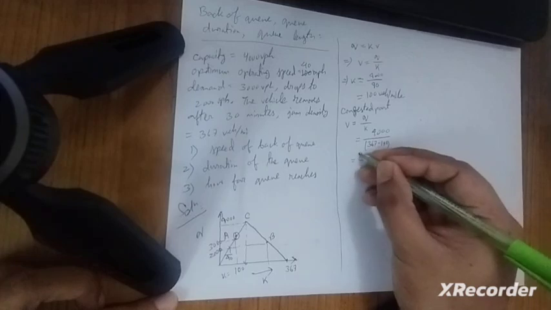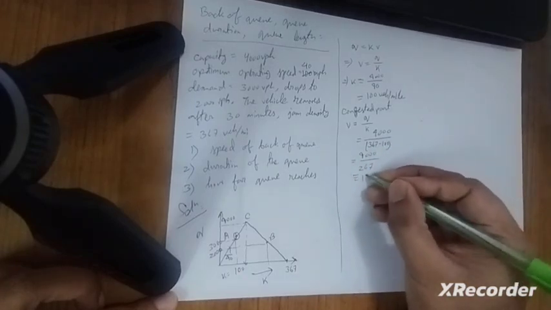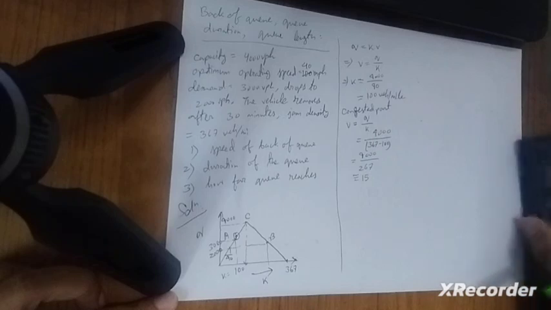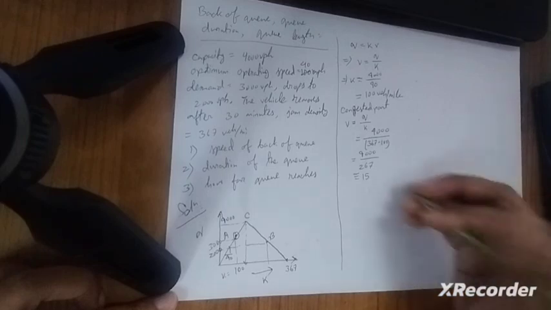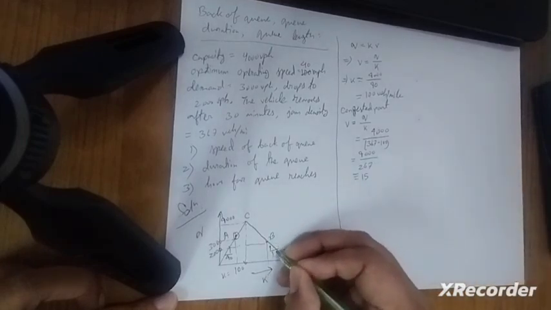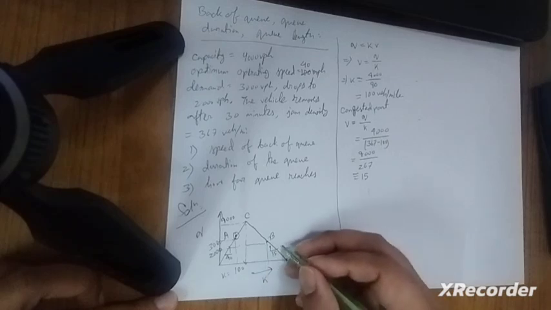If we divide 4,000 by 267 we get almost 15. So 15 is the slope in the congested part, and we get the two slopes.